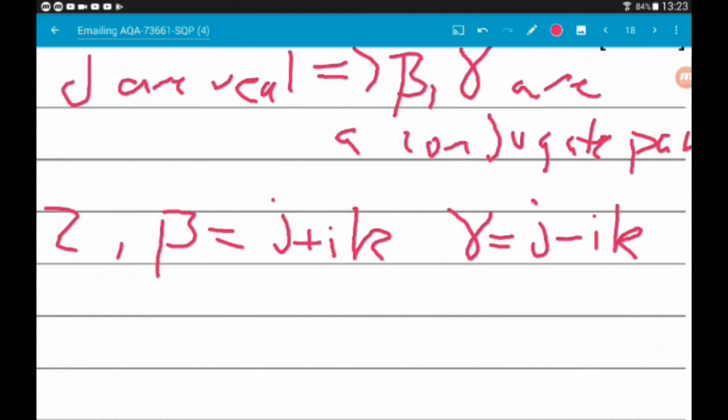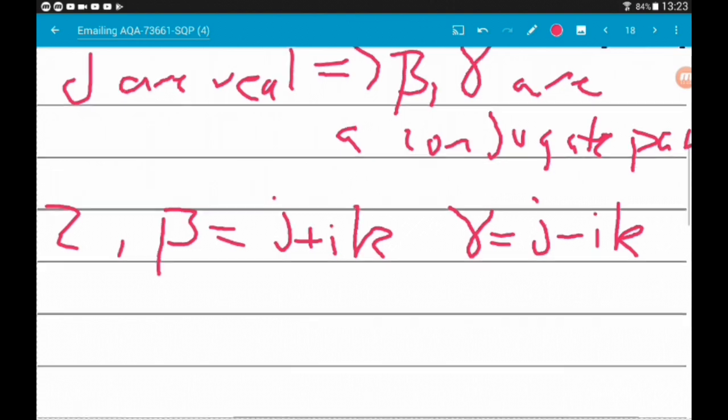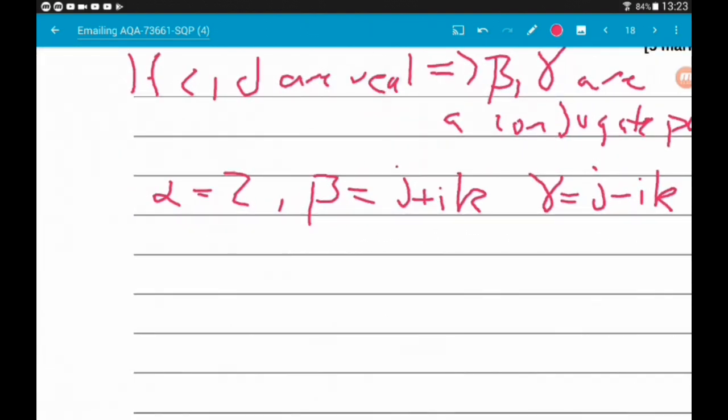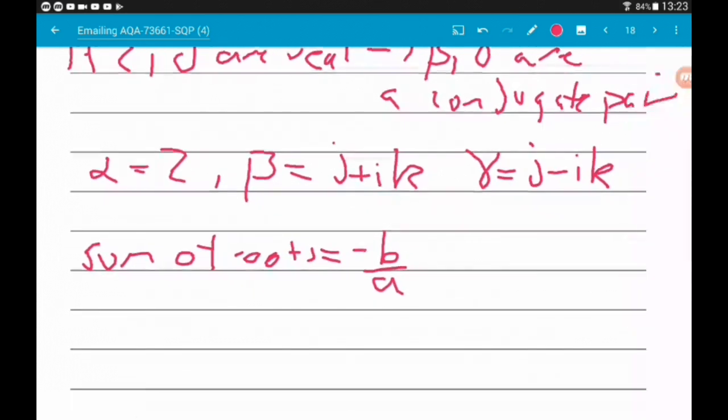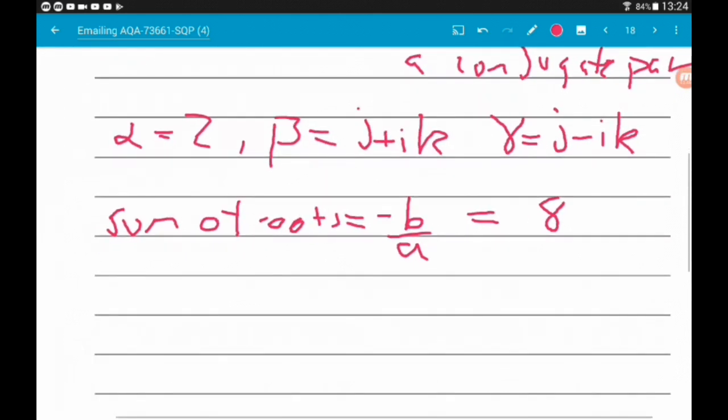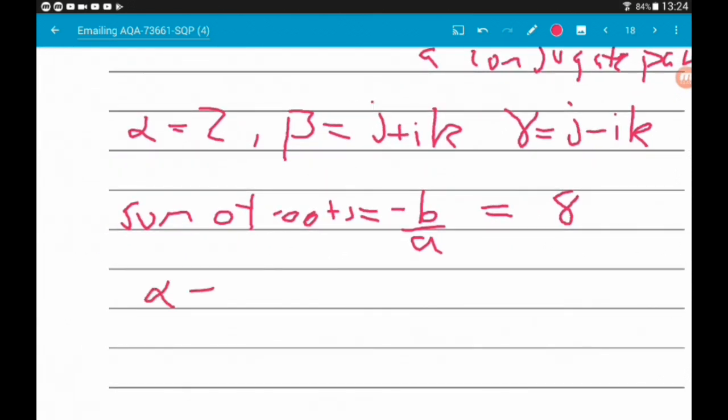Okay, so what else do we know? We know the sum of roots of a cubic is minus b over a. So here, this is minus 8 over 1, so for us that's 8. That tells us alpha add beta add gamma is equal to 8.